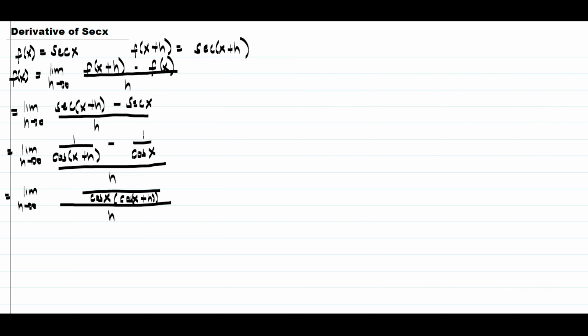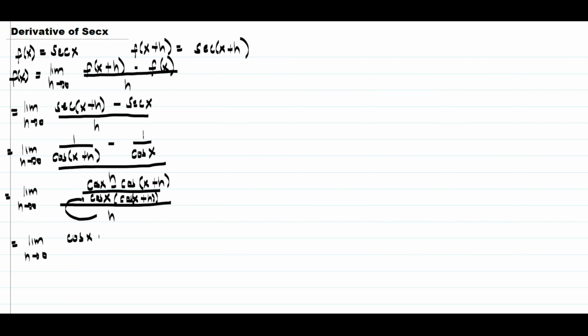We have 1 multiplied by cosine x, that is cosine x, negative 1 times cosine (x + h). So let us multiply this.